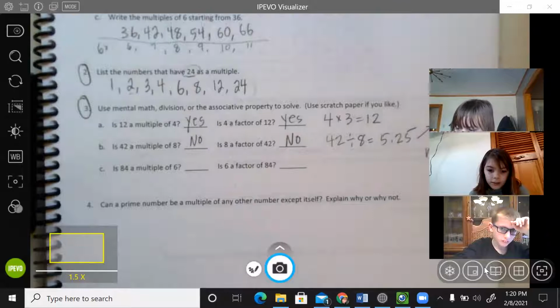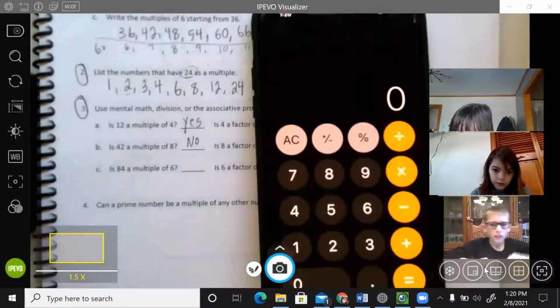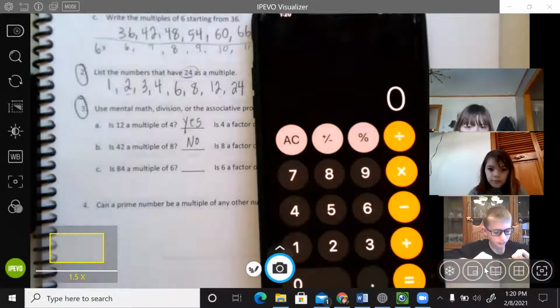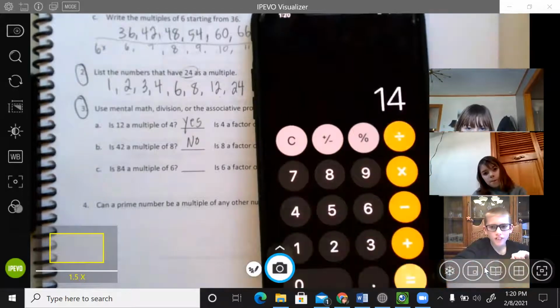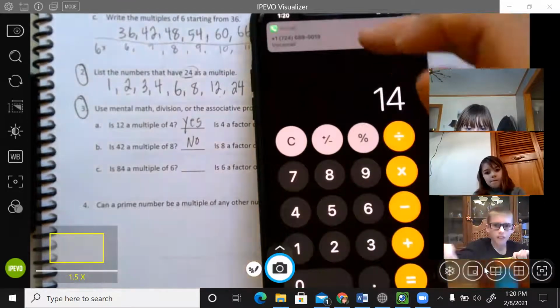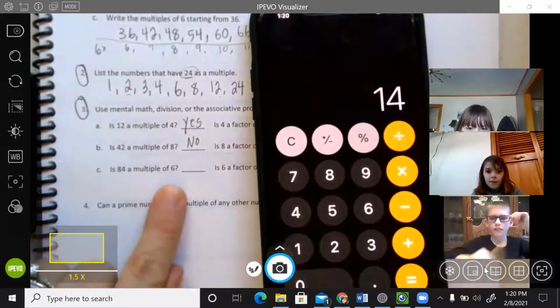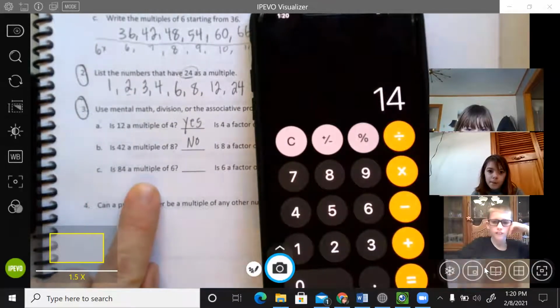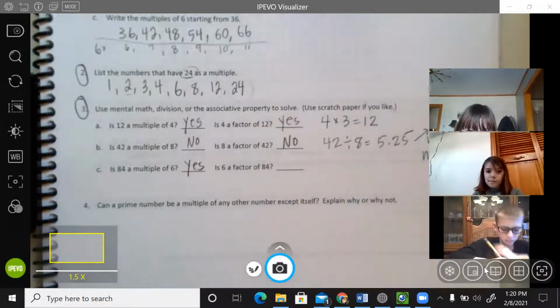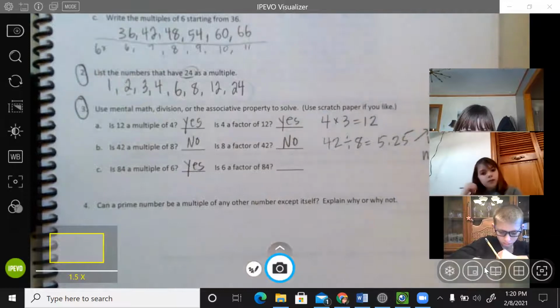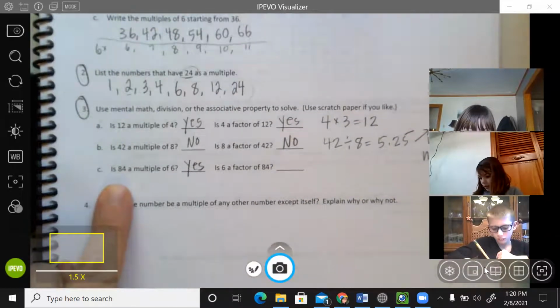Okay, so Cooper, to figure this out, what will we put in our calculator? 84 divided by 6. So we got a whole number of 14. So is 84 a multiple of 6? Yes. That means it would be the 14th spot on our list when you actually hit 84.